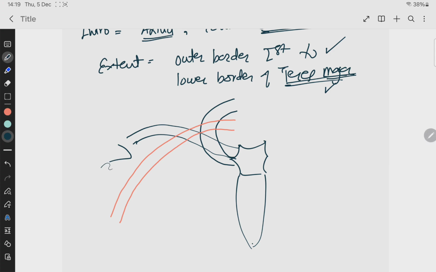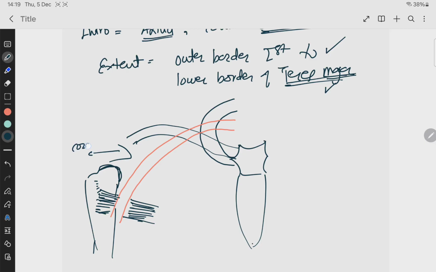Here lies somewhere the humerus. This is the bicipital groove, and here lies the teres major muscle. So this is the coracoid process, this muscle is the teres major, and this is the clavicle.